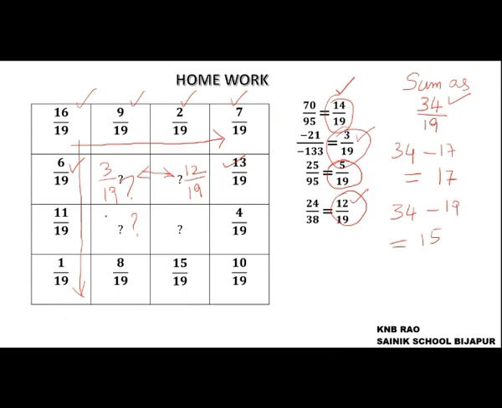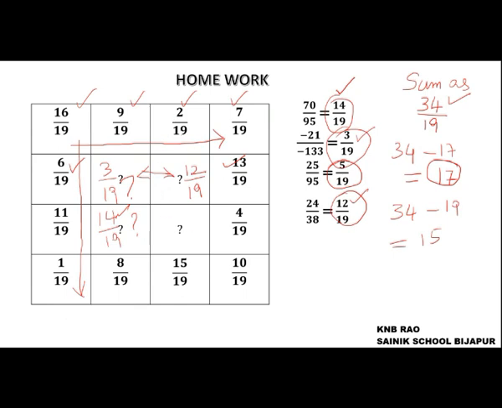Now, the missing number is supposed to give a sum of 17, and since 3 has already come, 14 is the one. So 14 upon 19 is the appropriate rational number. So 9 plus 3 is 12, 12 plus 14 is 26, 26 plus 8 is 34 by 19.